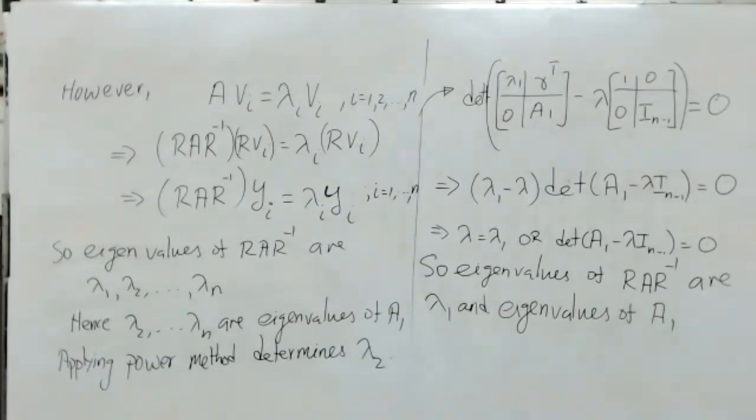Then you do the same process again, apply the same procedure, and you will get lambda 3. Again the same procedure gives lambda 4. That is how you apply this process. This is called the deflation process.